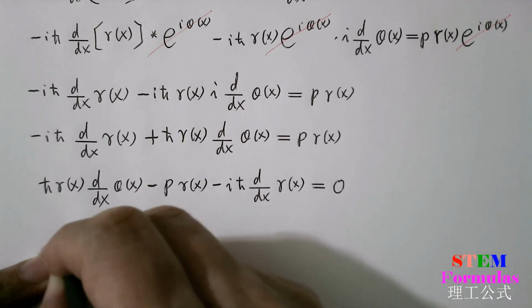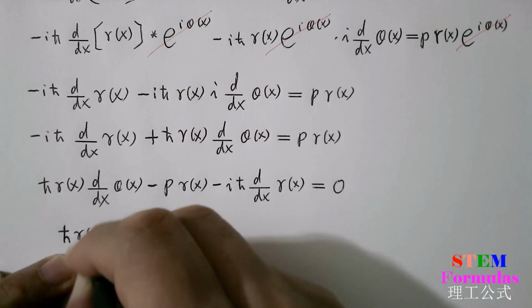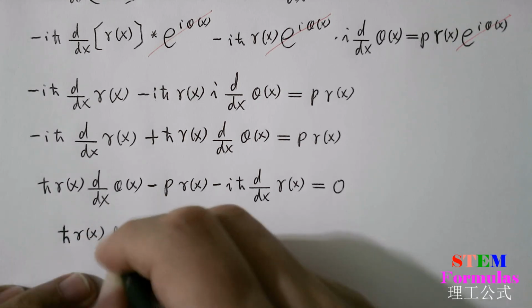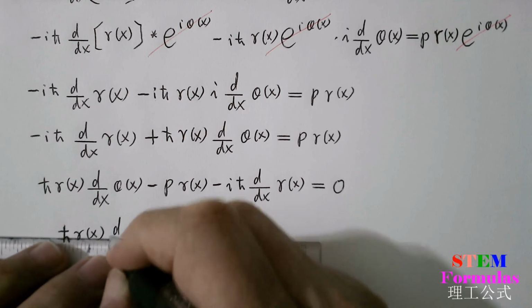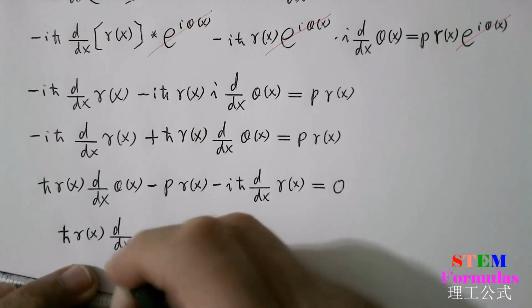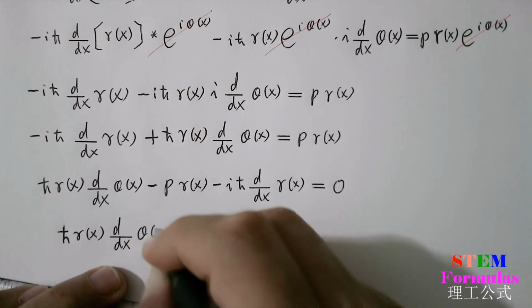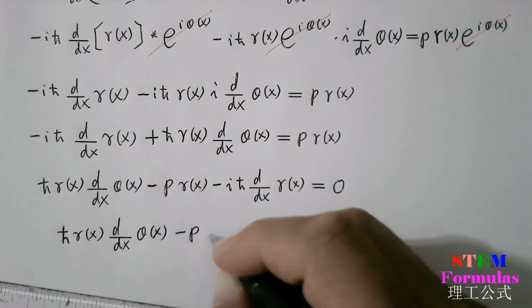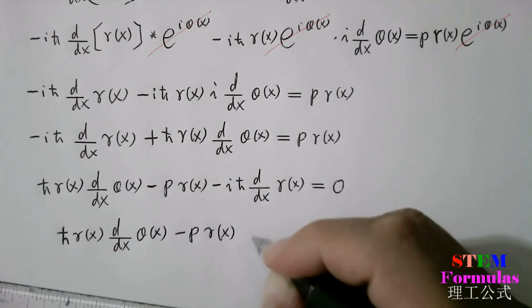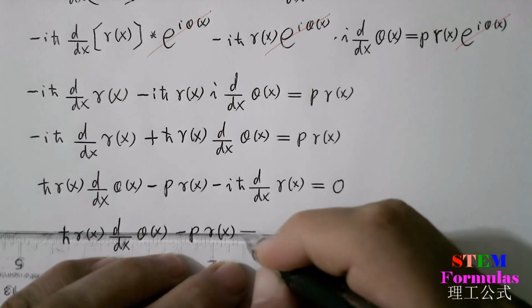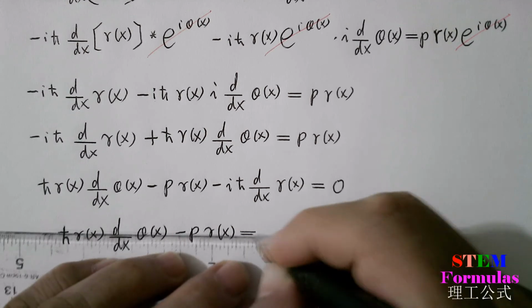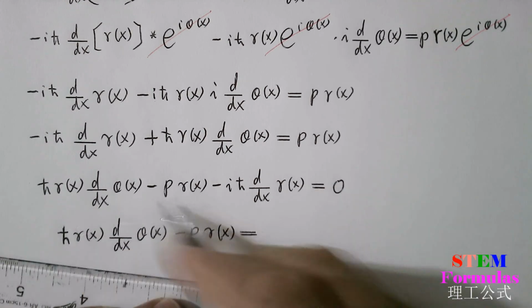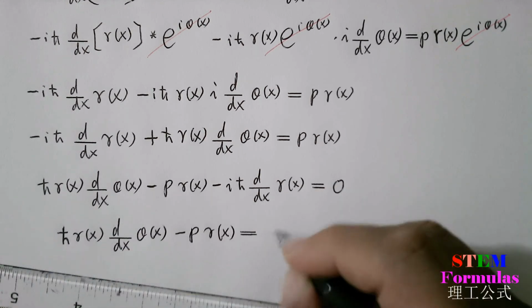One equation is this, h bar r of x d/dx theta of x minus p r of x, the first two terms equal to 0.